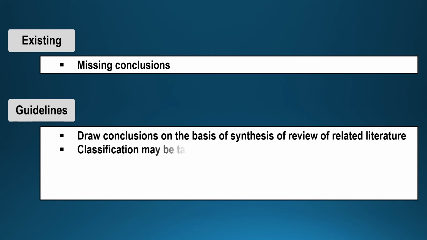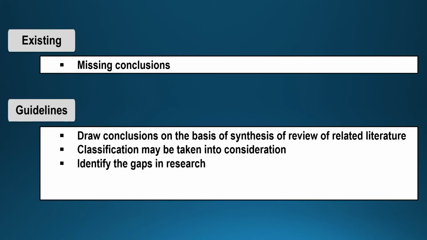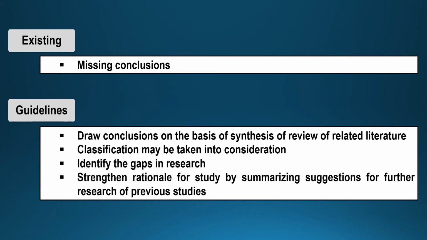The researcher is required to state what the major findings are based upon the synthesis of the review of related literature, and on the basis of the conclusions you can identify the gaps that exist in the research, and it thus helps you in strengthening the rationale for the study by summarizing the suggestions for further research indicated in the previous work.